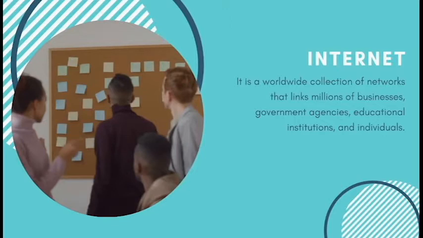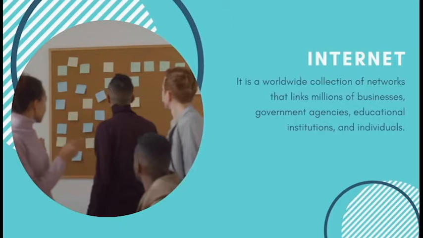When we say network, a network consists of two or more computers that are linked together, right? Aside from that, they also share resources such as printers and files, and it also allows electronic communications. So that is what a network is.